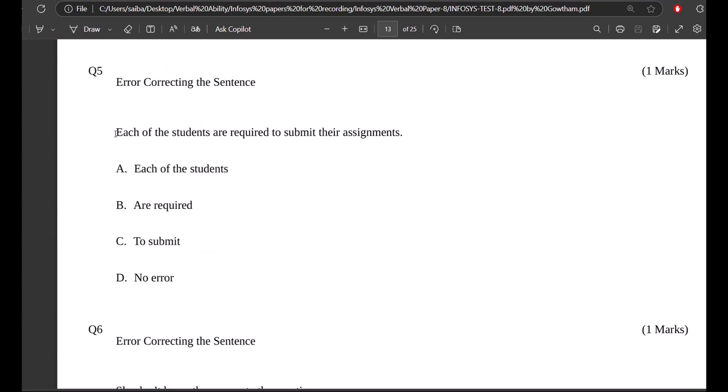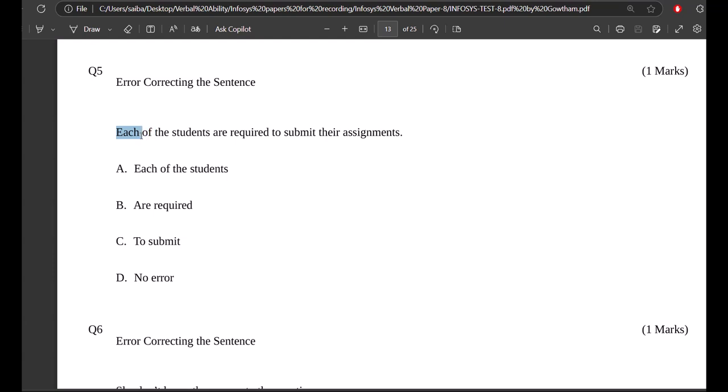Next one: each of the students are required to submit their assignments. Here, if you remember, whenever we use each, every, anyone, no one, someone, anybody, all these are singular pronouns.